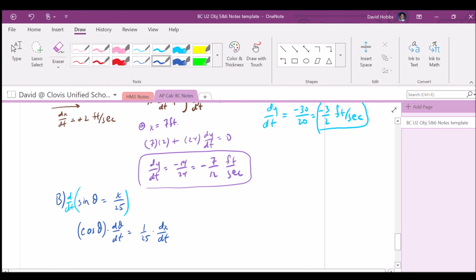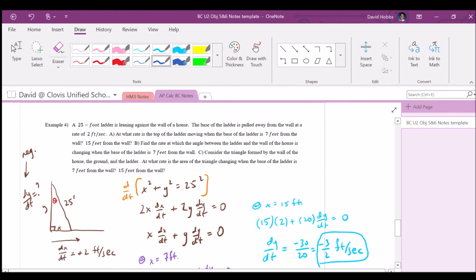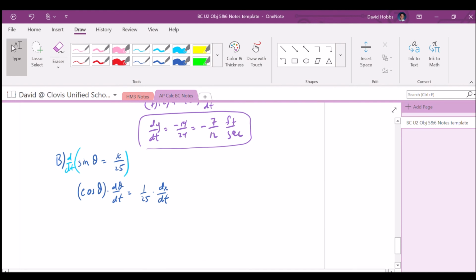We are given dx dt, which is the positive 2 feet per second, and d theta dt is what we're trying to find. So we have 1/25 times 2.